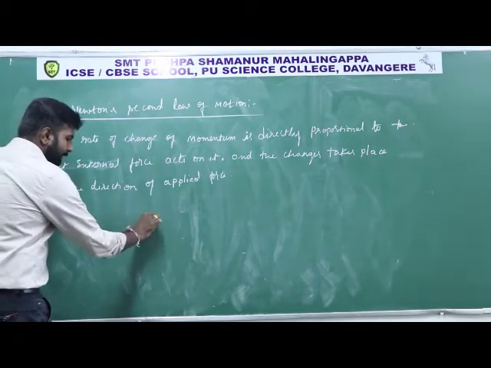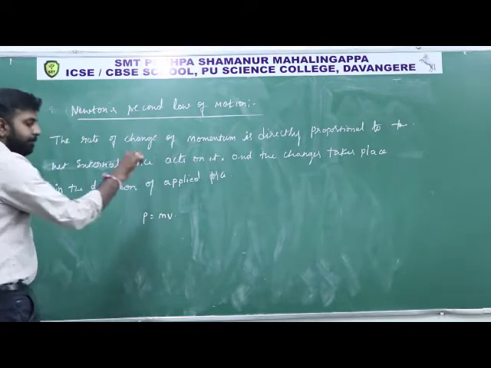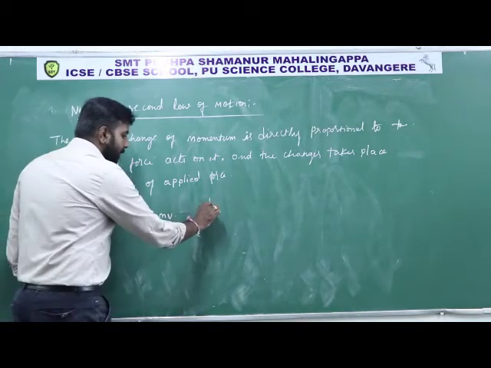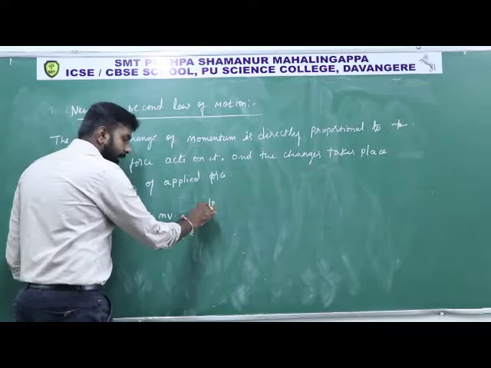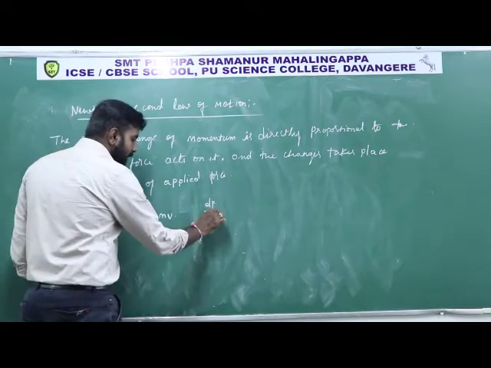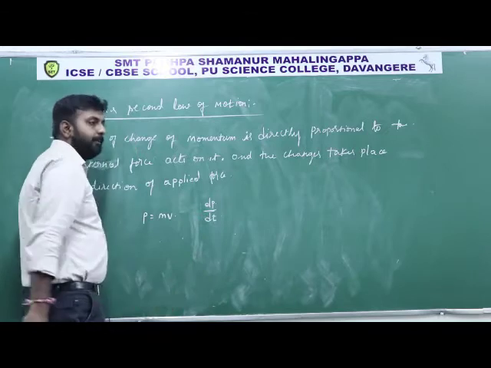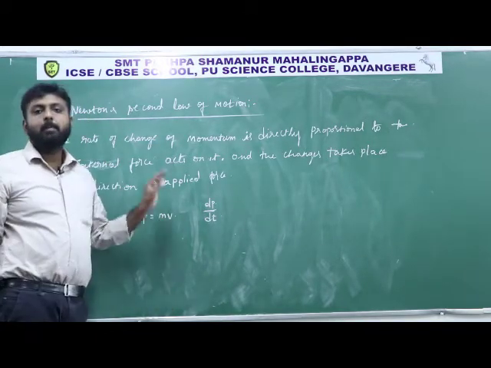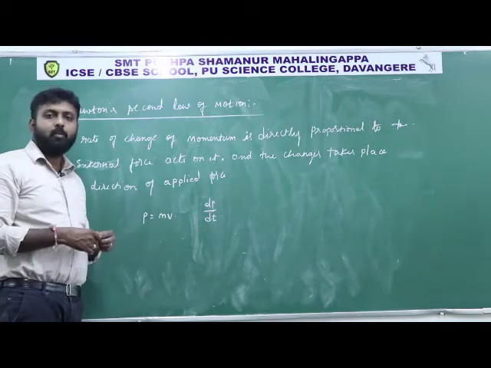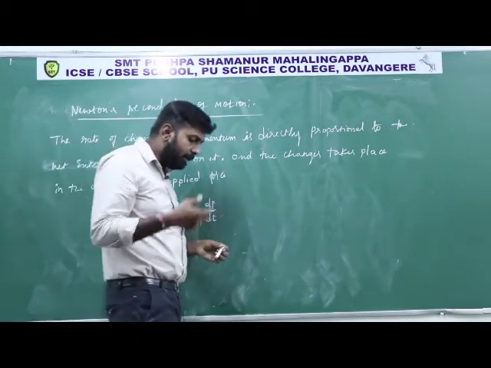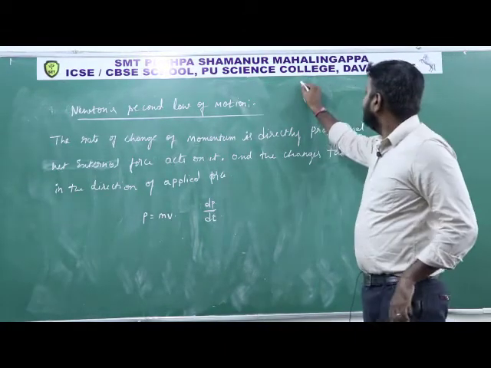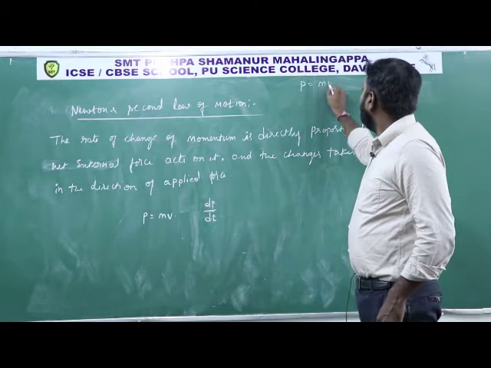that momentum is m into v, isn't it? Then what is rate of change of momentum? Rate of change of momentum we can represent by delta p by delta t or dp by dt. Meaning is how fast the momentum changes. And p is equal to m into v.